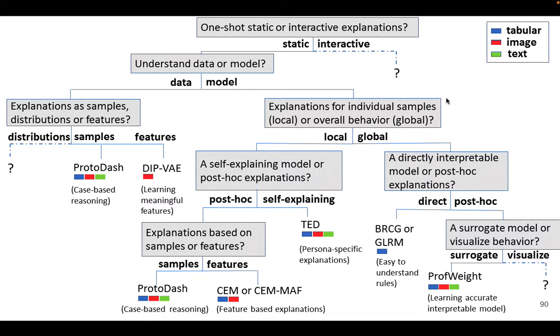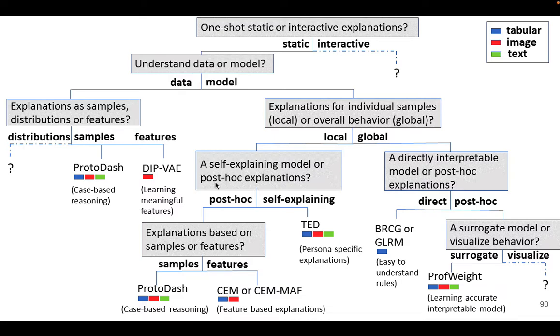So you can say if we want an interactive explanation with your user that you can interrogate and refine, that's of course problematic, as you can see here. It's not always evident that there will be a solution to satisfy the human, but also to understand the data, the model, the distributions, the samples, the features, depending on your model, if it's generative or not.